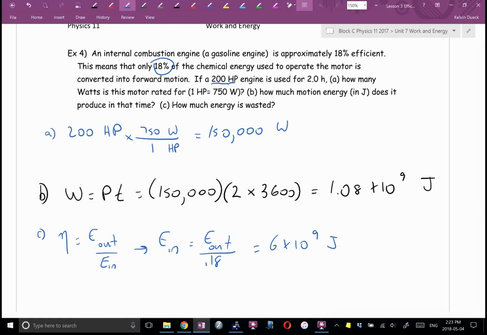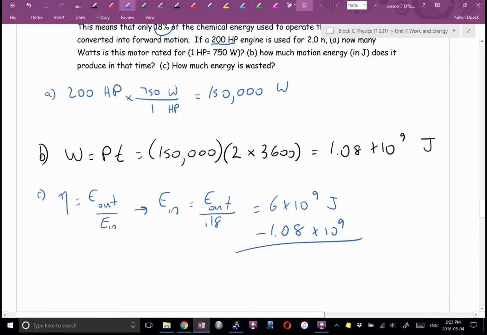Cole, can you read me part C again? It didn't say how much energy did we use. It said how much is wasted. I think the wasted part is whatever is missing. So now if I take this and subtract 1.08 times 10 to the 9th, here is how much got turned into sound and heat, which are the two primary ones.